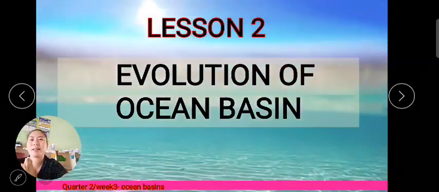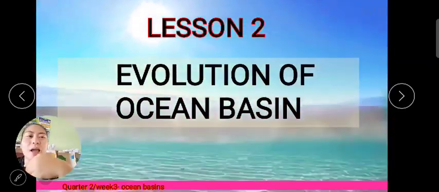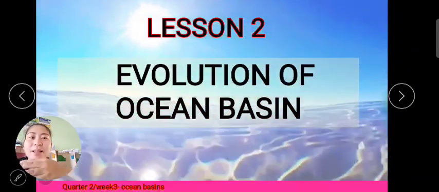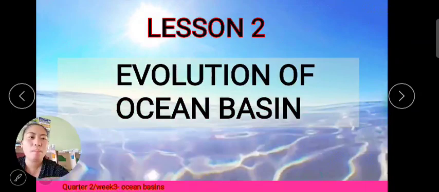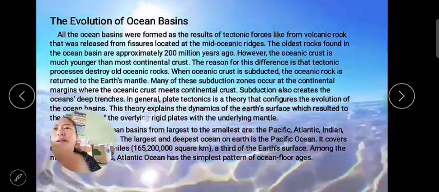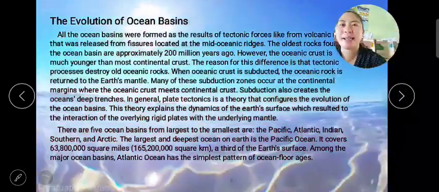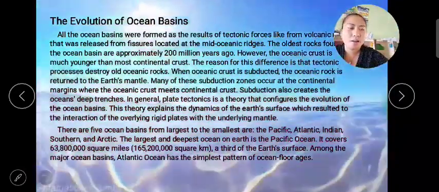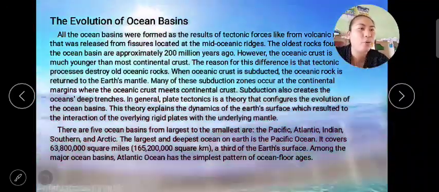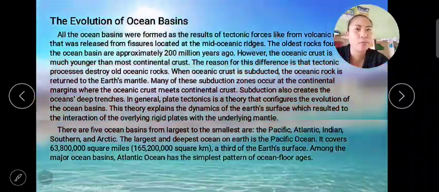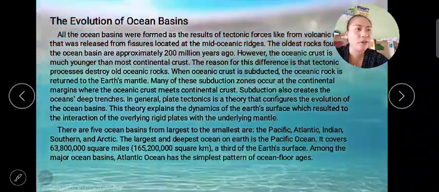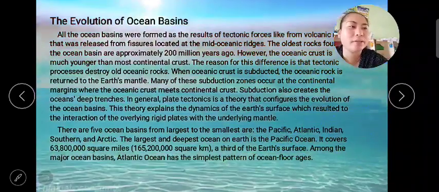Okay, so next is evolution of ocean basin. So, mostly in your module, it is more an experiment. So, let me just read what is present in your module. Sabi dito, the evolution of ocean basins, all the ocean basins were formed as a result of tectonic forces, like from volcanic rock that was released from features located at the mid-oceanic ridge.